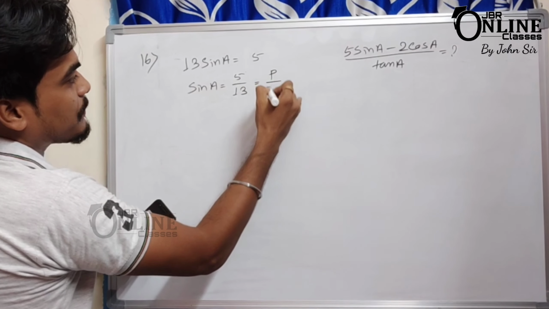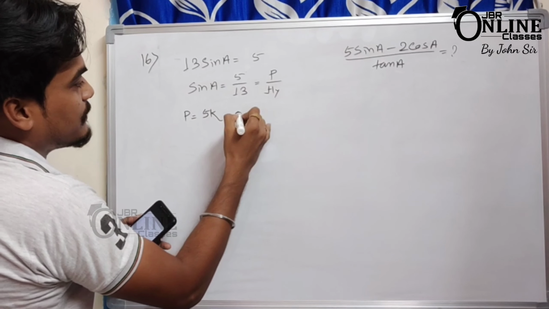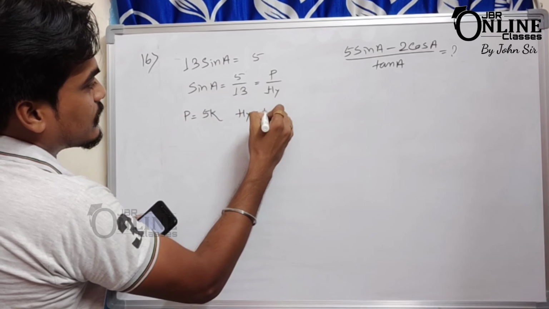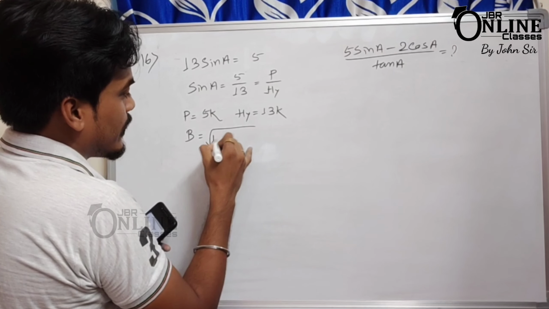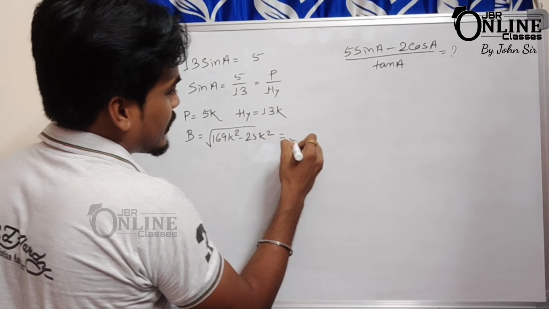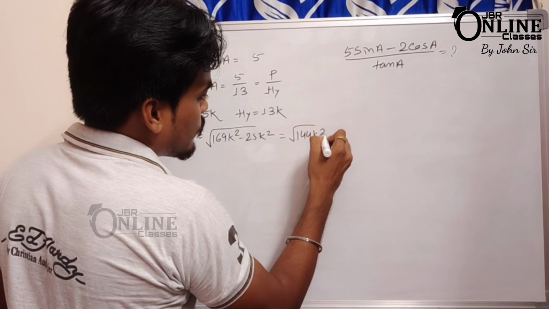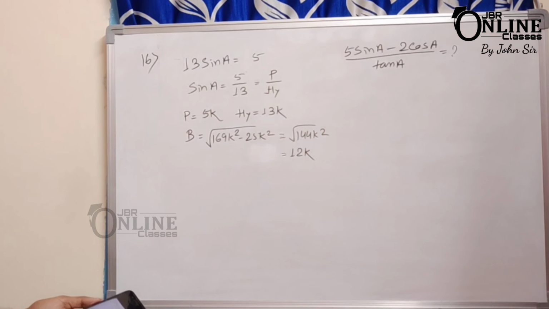Okay, so it's perpendicular by hypotenuse. So perpendicular equals 5k and hypotenuse equals 13k. So base equals root over 13k whole square, that means 169k square minus 25k square, that equals 144k square. So that means 12k. Okay, so base equals 12k.